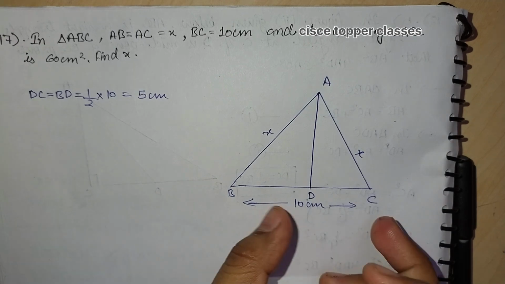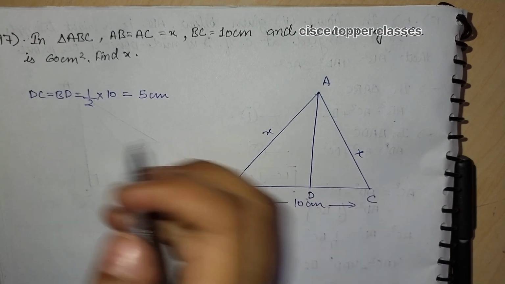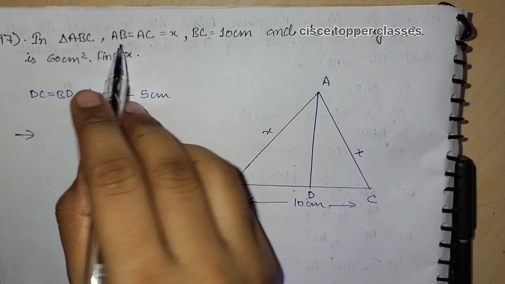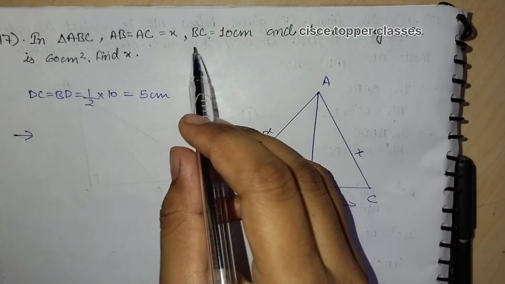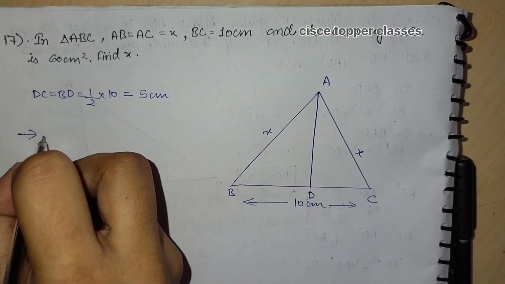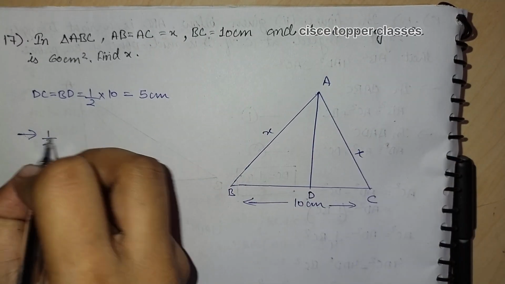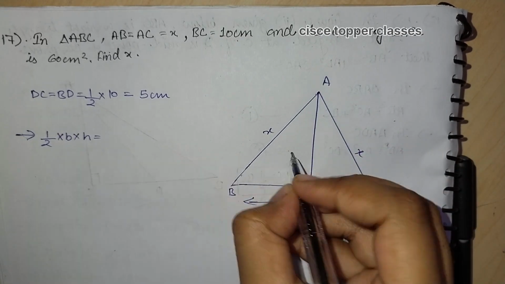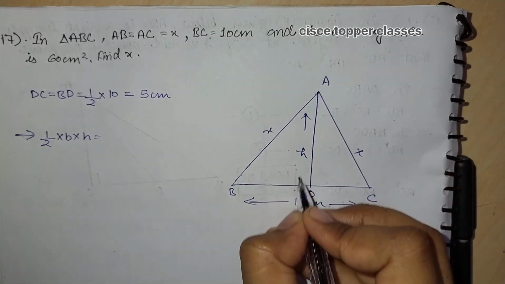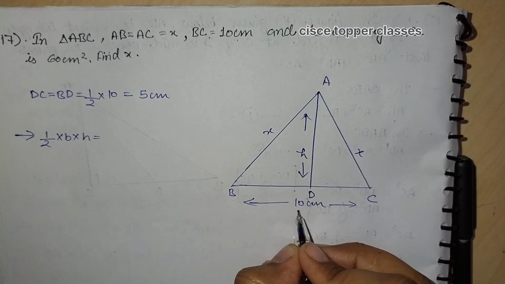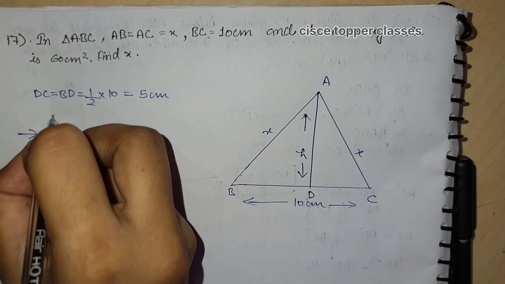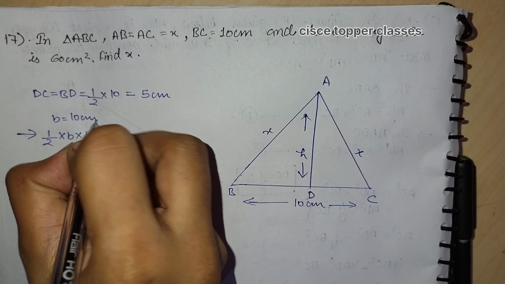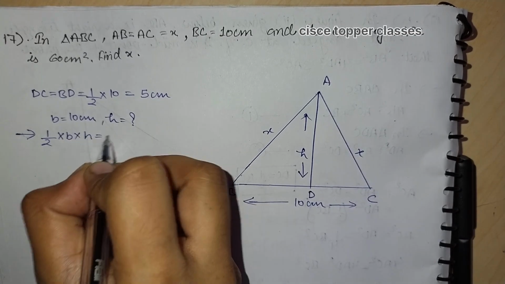Now simply as we have this DC equal to 5 centimeter, so AB is equal to AC here, x, and BC is 10, and the area of ABC. With the formula of area, we can find the value of AD here, because this is height here. And this is base, this whole thing B is equal to here 10 centimeter, and H from this formula we have to find.